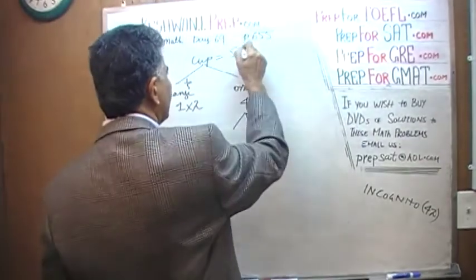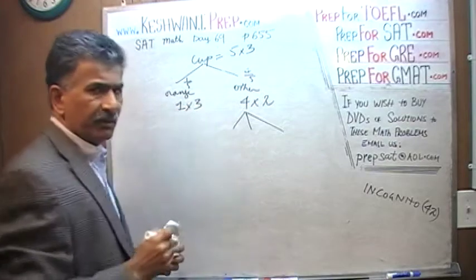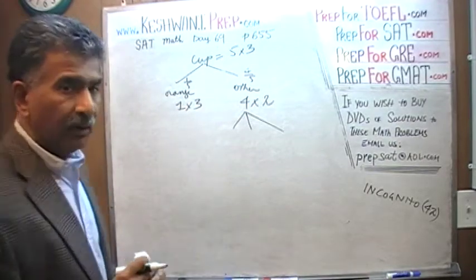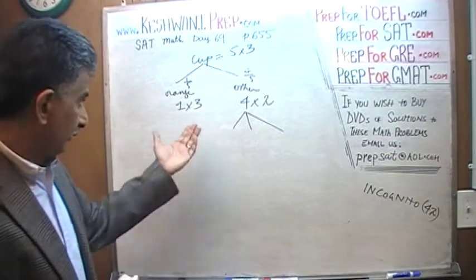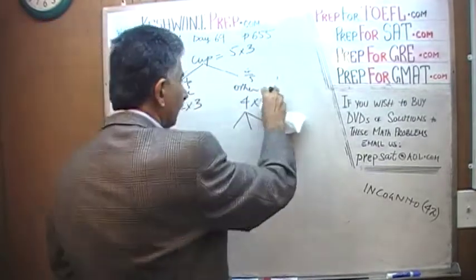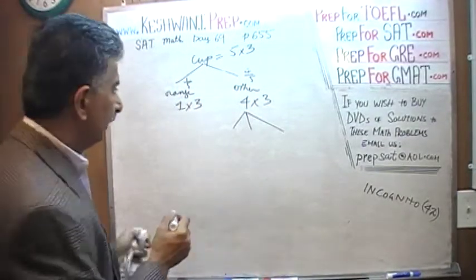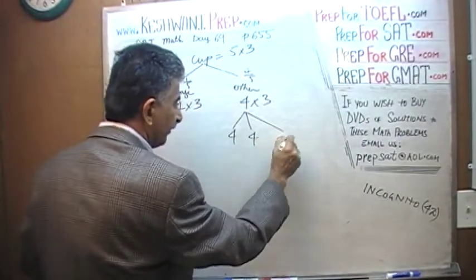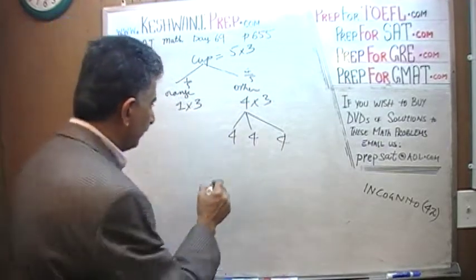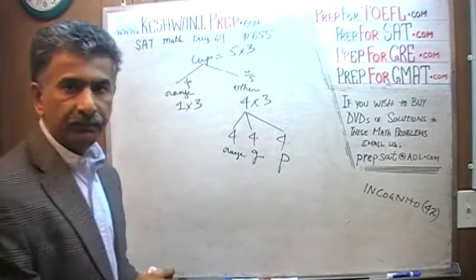Let's pretend the cup is 5 times 3. Let's pretend the cup is made up of 15 units. In which case, 1/5 of 15 would be 3. 3 is 1/5 of 15, and this will be 4 times 3. Well, there you go. That makes life very easy. So each of the remaining parts is 4, 4 and 4. So here is your orange, here is your grape, and here is your pineapple.